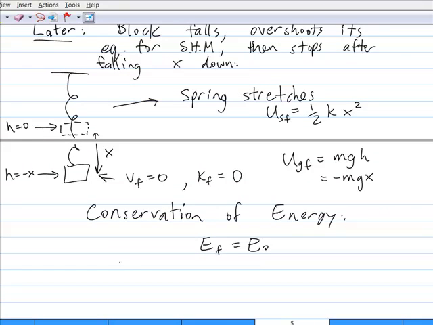In this case, we're going to say we've got kinetic energy plus the spring potential energy plus the gravitational potential energy, all final, equals the same thing: kinetic plus spring potential plus gravitational potential. And then on the right hand side, it's all the initials.